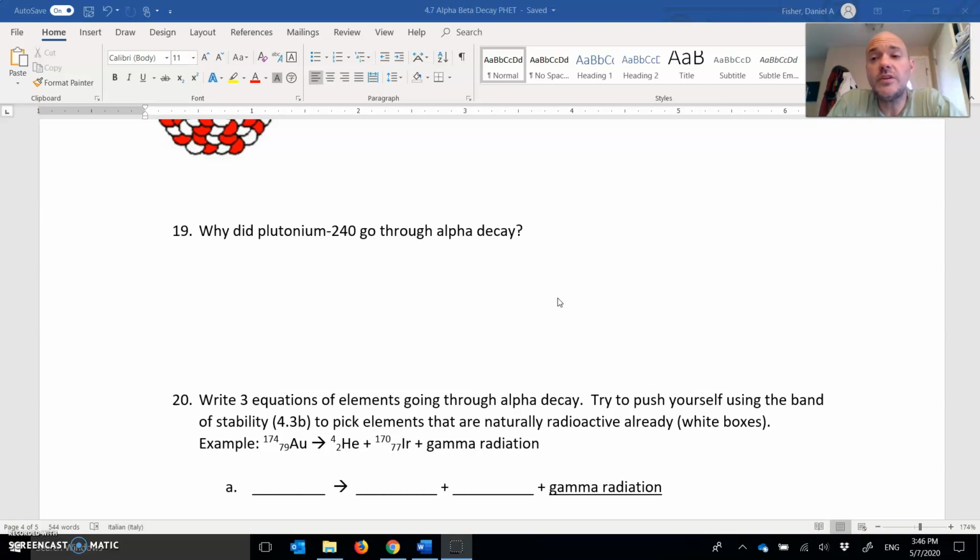So if it's going through decay, it's because it has too many protons or too many neutrons. What I'm asking you to think about right now is which of those is true of each of these elements. If you're feeling stumped on question 19, maybe go down and answer the beta decay questions and then come back up and think about that.